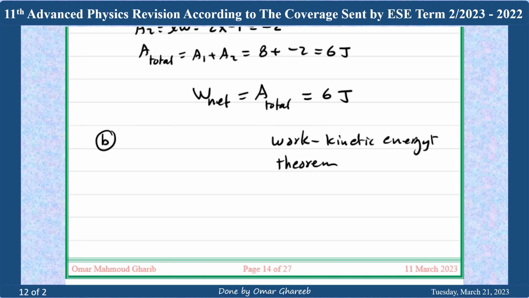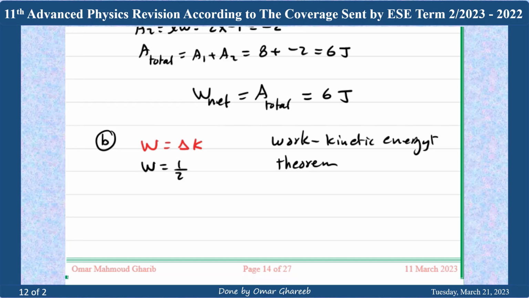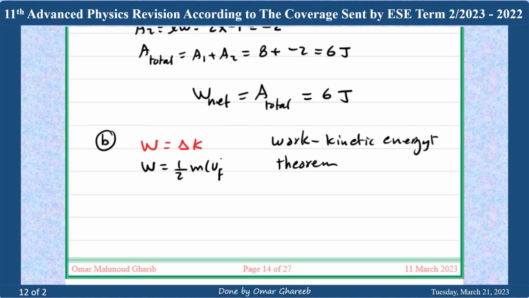What is this theorem? It states that work equals delta kinetic energy. Work equals the delta kinetic energy, 1/2 m times V final squared minus V initial squared. The object starts from rest, so V initial is 0.